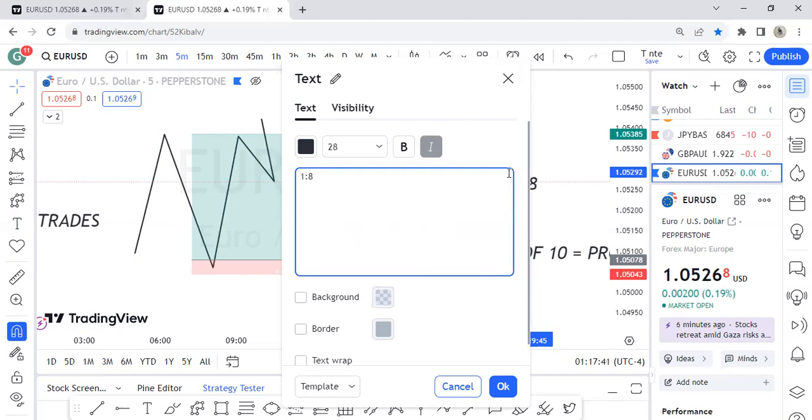Now you risk, let's say, $10. If you risk $10 and the market goes 1:8, that is $80, but you don't want to hold for the whole trade because it can reverse on you. So you can say okay.